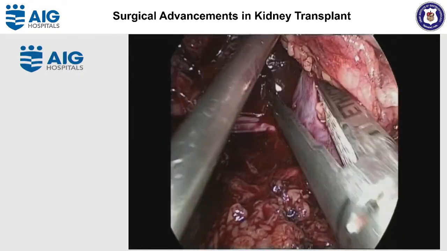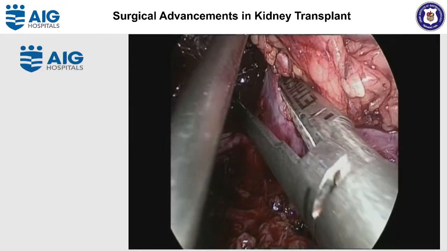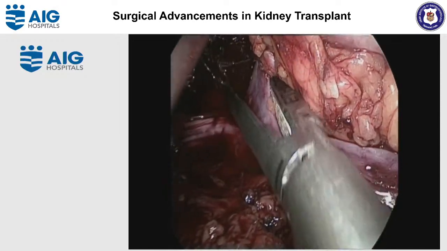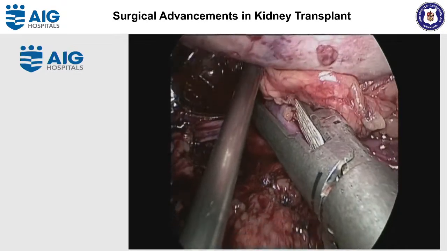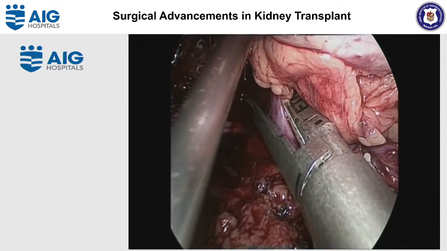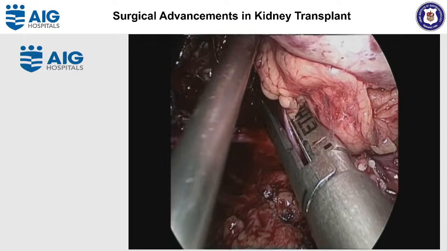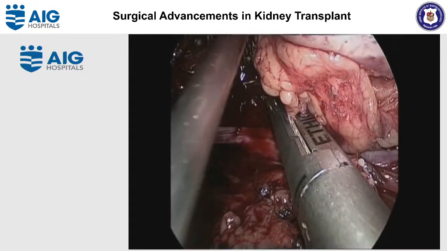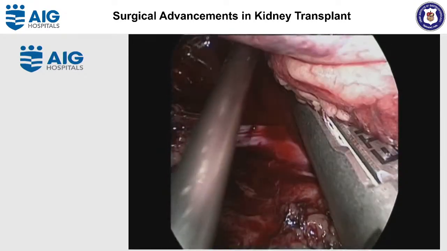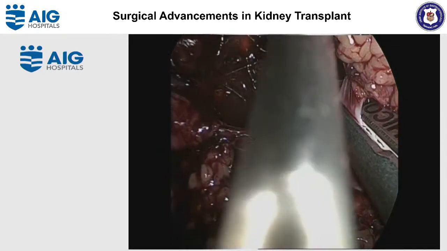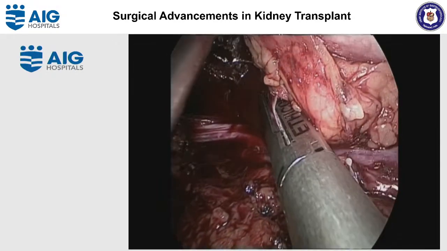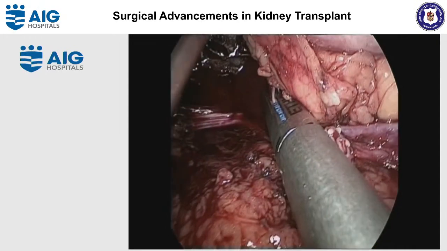On the right side, in most places they are doing open donor nephrectomies. Here we use a modified stapler. This technique was evolved by Dr. Jamal, in the absence of endo-TA staplers, where we removed one side of the staple line and used this GI stapler for controlling the vein. Now the endo-TA stapler is readily available.